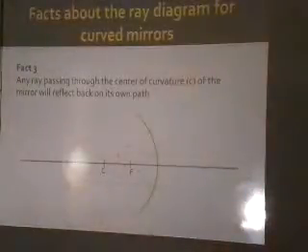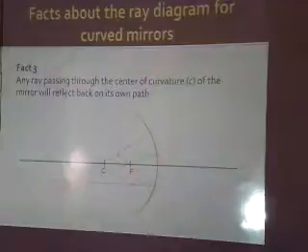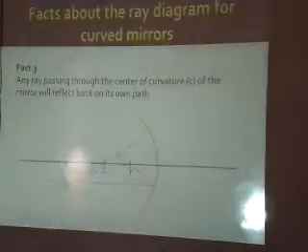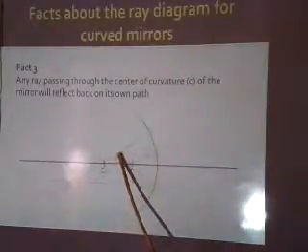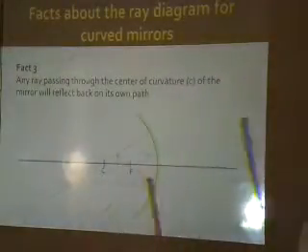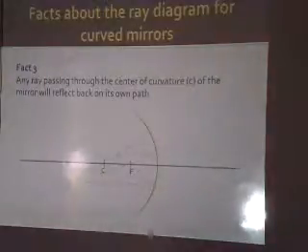Alright, time is not on our side, so we'll have to do a recap of the rules governing the ray diagram. The first rule says that any ray that is traveling parallel to the principal axis will pass through the focal point upon being reflected by the mirror.